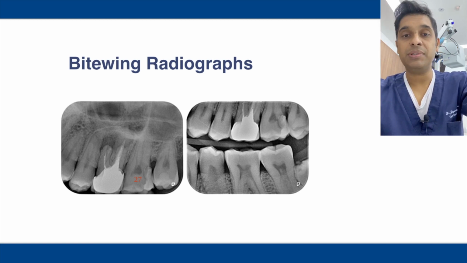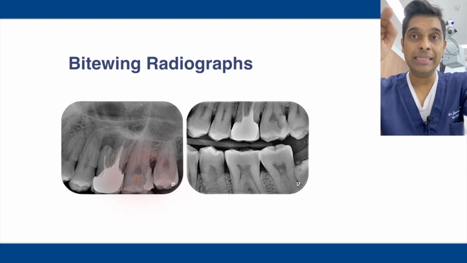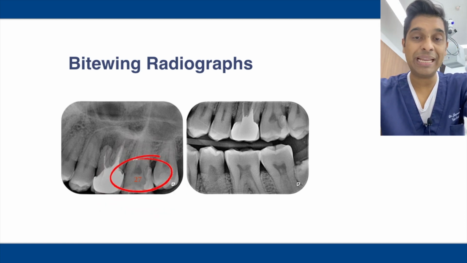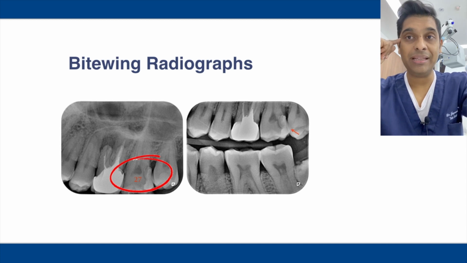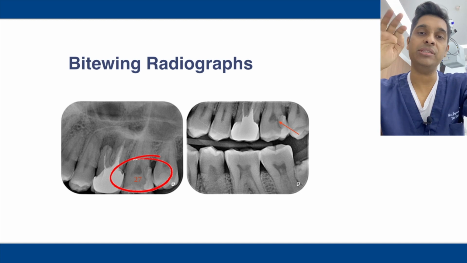Whereas when you take the Bitewing, it clearly shows that the patient has caries involving the nerve. So you want to change your concepts.